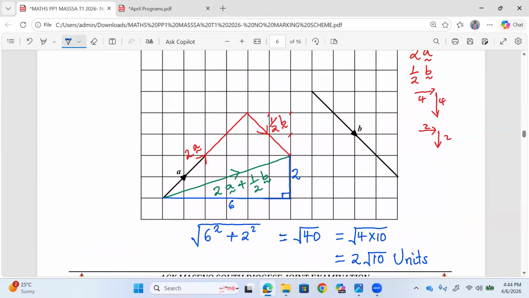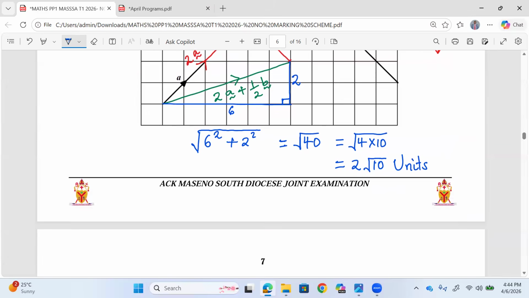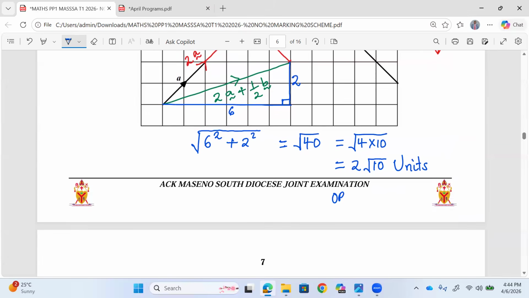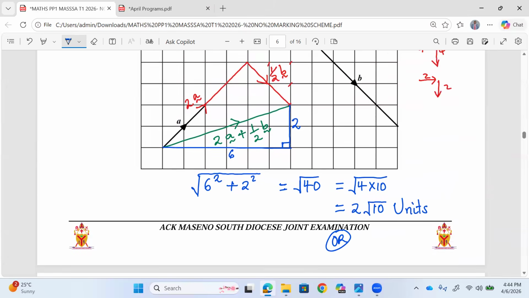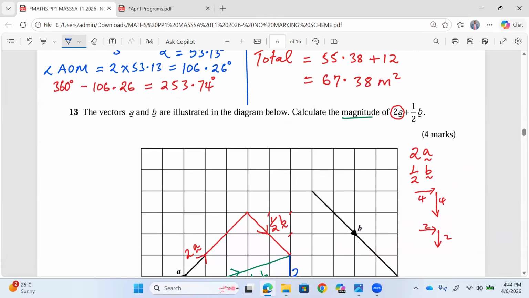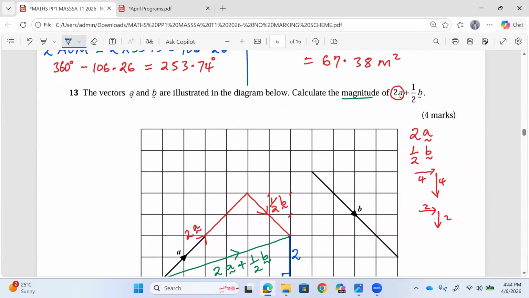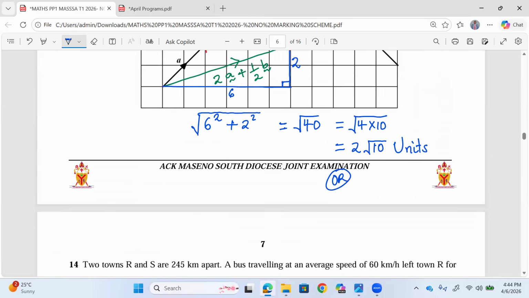We can also find the square root of 40, so that you write 6.325 to 4 significant figures. You see, there were no units, there were no instructions about the accuracy that we give our answer, no specific significant figures, but you should ensure that your answer is 4SF at least.